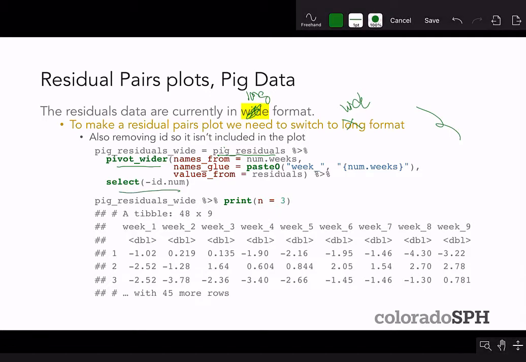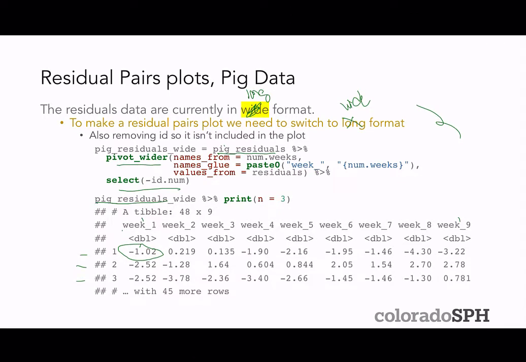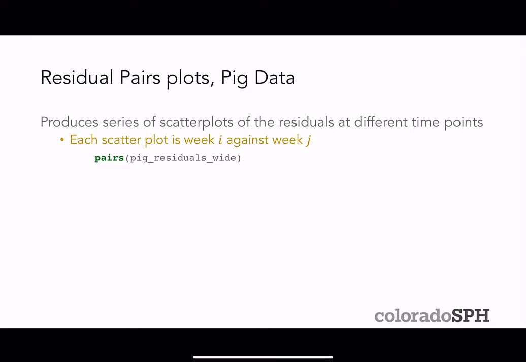So what you end up with is a data set in wide format here where I just have columns from week 1 to week 9, where the values are the value for the residual and each row is a subject. And the reason for transforming it this way is because the types of functions that you use to produce residual pairs plots want the data to be in wide format.